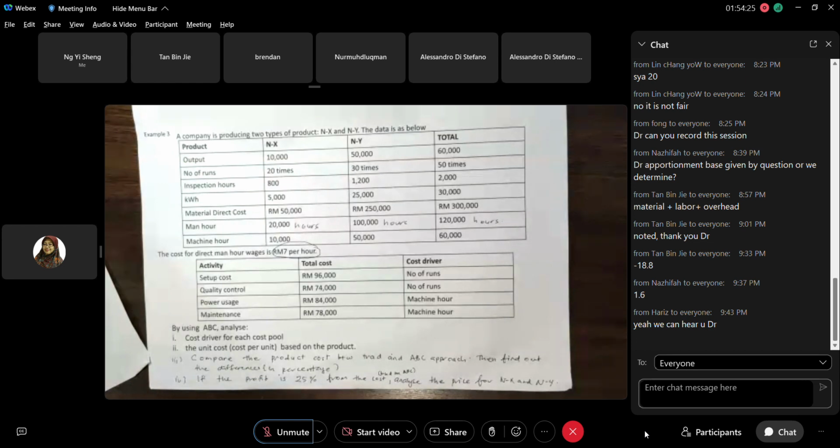So after this, actually the service department now. After the traditional and ABC, you will learn service department. The service department will be included in the test too.